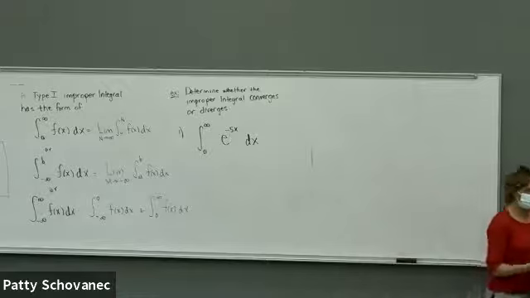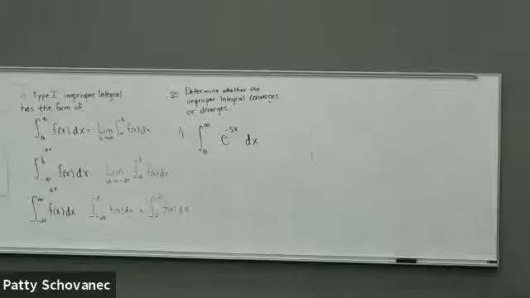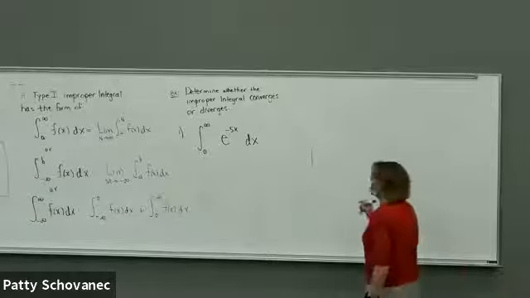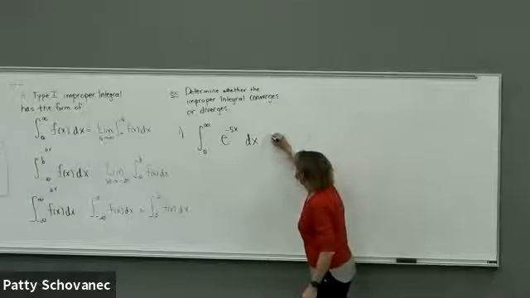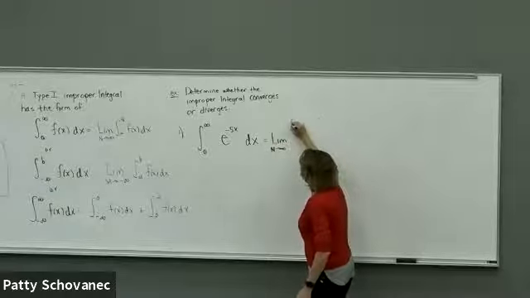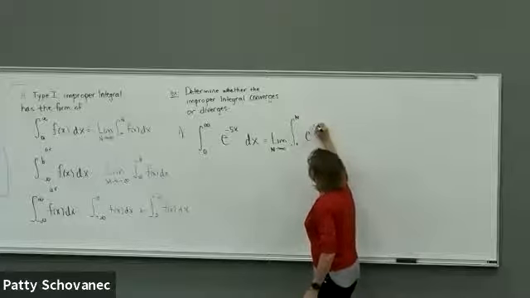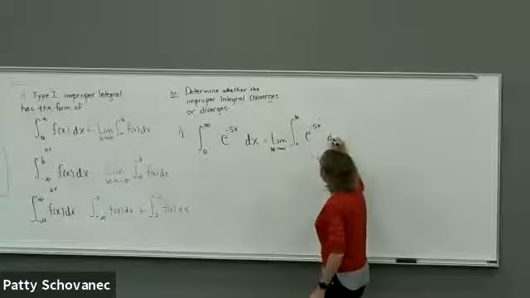Let's evaluate the improper integral from 0 to infinity of e to the negative 5x dx, by first writing it as the appropriate limit. We replace the infinity symbol up above, so N goes to infinity, and we integrate from 0 to big N, e to the negative 5x dx.